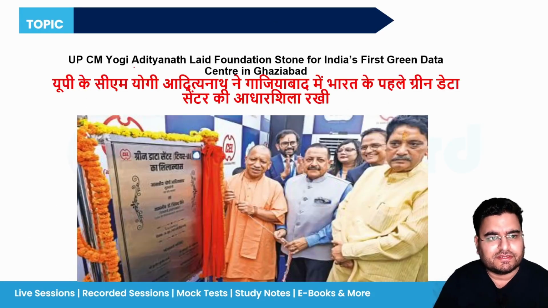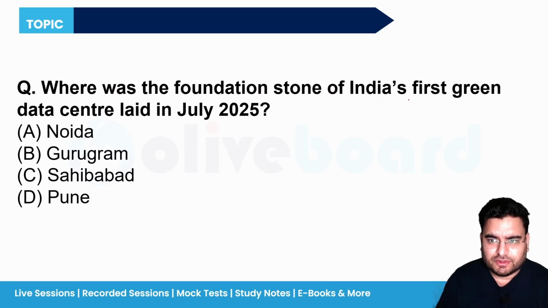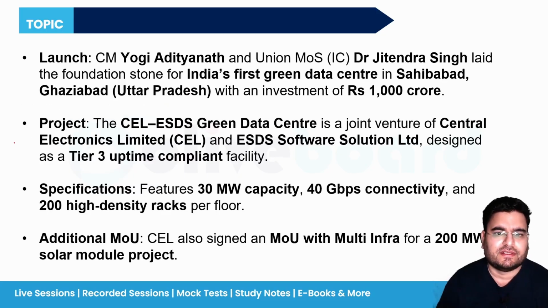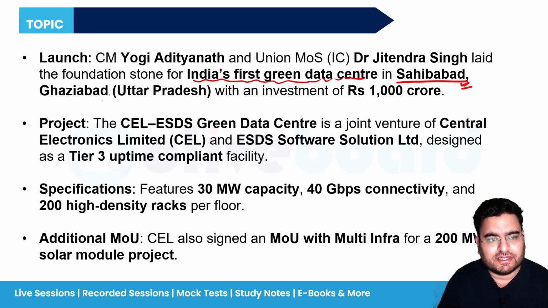Next news is UP CM Yogi Adityanath laid foundation stone for India's first green data center in Ghaziabad. So where was the foundation stone of India's first green data center laid in July 2025? So correct answer is, let's see the news first, then we'll see the answer. So India's first green data center, it is located in Sahibabad, okay, which is in Ghaziabad district of Uttar Pradesh, right?